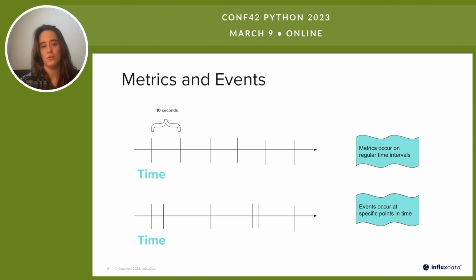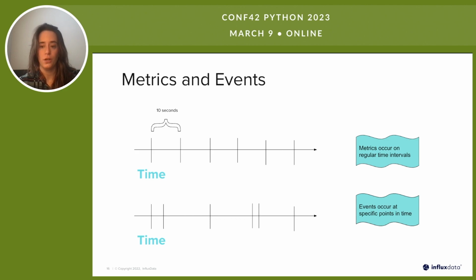But back to focusing on metrics and events. There are two different types of time series. There are metrics, and metrics occur in regular time intervals. Those are examples like temperature, pressure, or flow rate that you are gathering at a particular time. And then we also have events, and events occur at specific points in time.